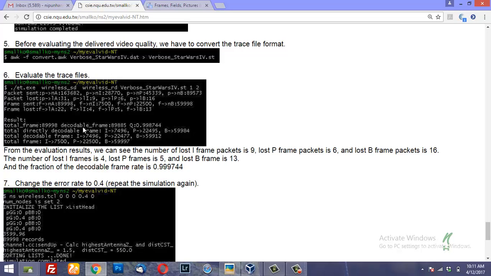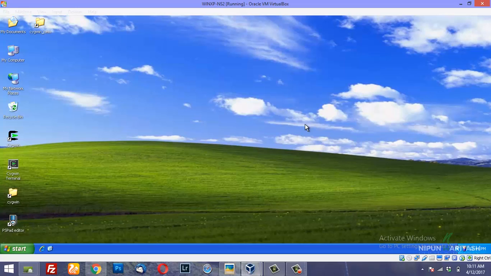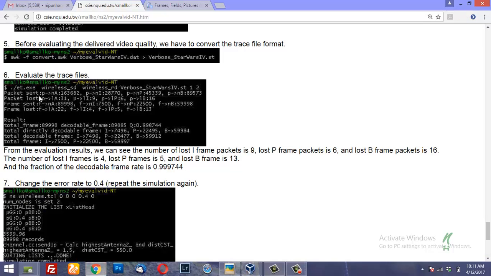And I'm going to illustrate this on the live setup proposed by Smallco. If you look here closely, he says the total number of frames sent were this many, and out of those frames, a few were I frames, and the rest were P and B frames.